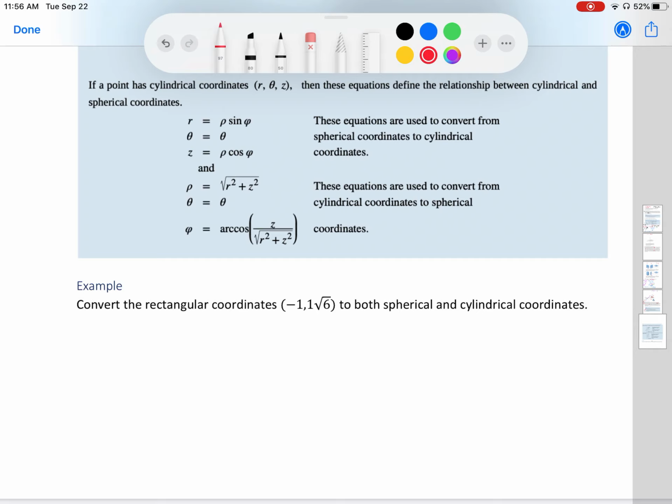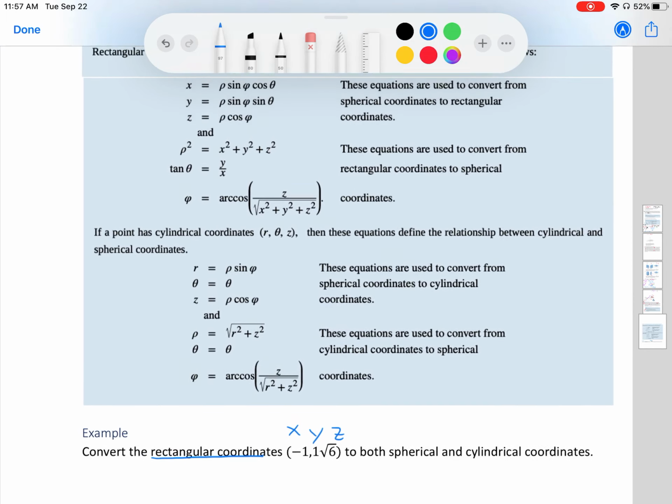Okay, so let's go ahead and begin with spherical, especially since we have it right above. So we have these values. I always like to mark up what I have. We have rectangular, right? So we have x, y, and z.